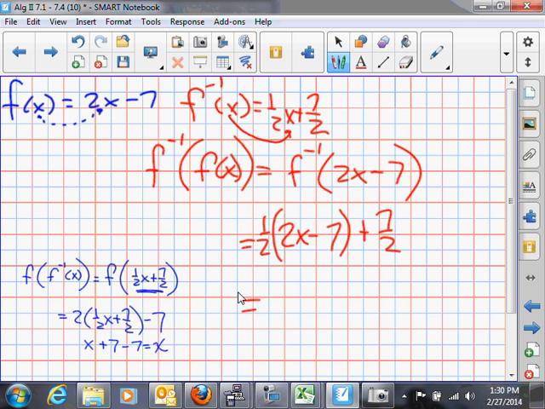We get 1/2 times 2x is x, minus 1/2 times 7 is 7/2, and then of course we're adding 7/2, which gives us x. And so therefore, we've shown that f of f inverse of x is x, and we've shown that f inverse of f of x is x. And so therefore we've formally shown that the two functions are inverses of each other.